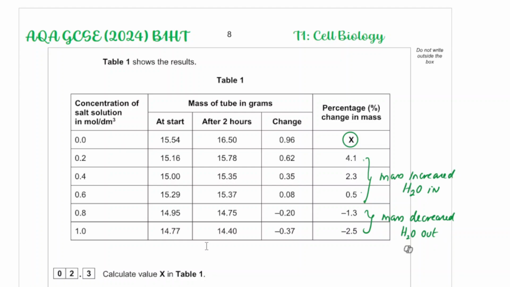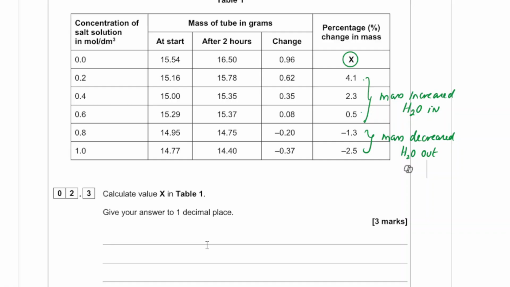Right. So calculate the mean value x in table 1. Give your answer to 1 decimal place. So the percentage change in mass equals this: 0.96 divided by the starting mass, which is 15.54, and multiplied by 100 to get it as a percentage.